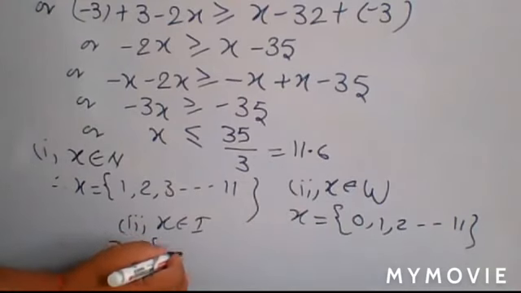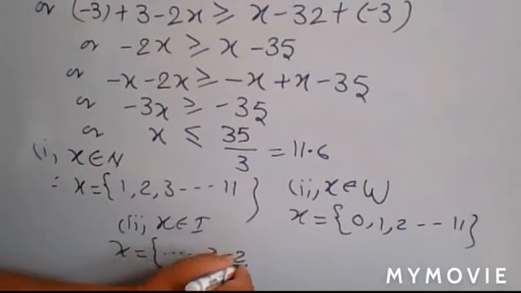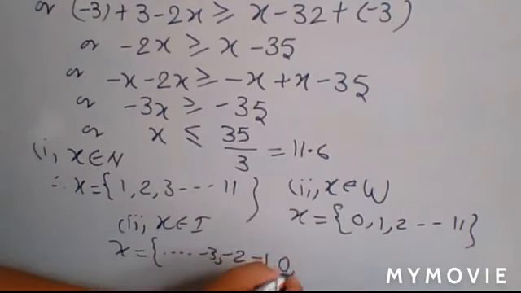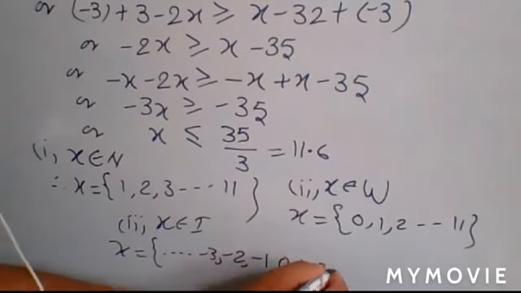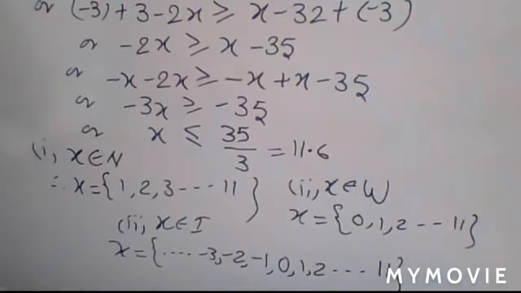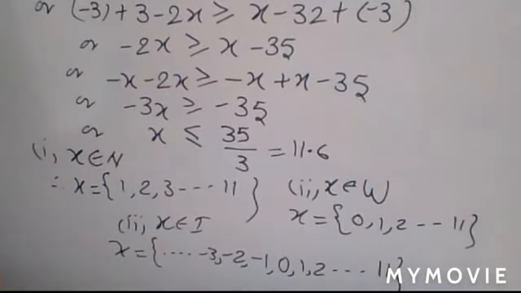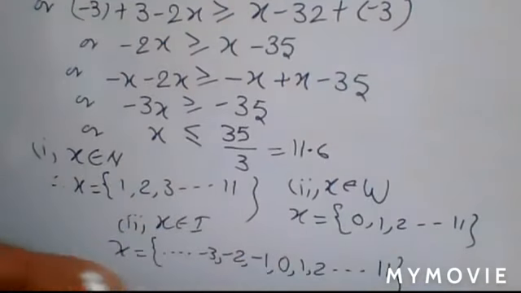You write dots, and start with any negative number such as -3, -2, -1, 0, 1, 2, and your last number is 11. So here you extend up to minus infinity, and here you have 11.